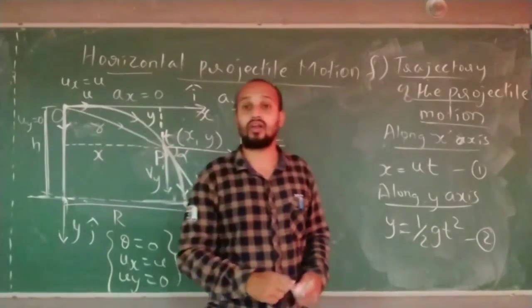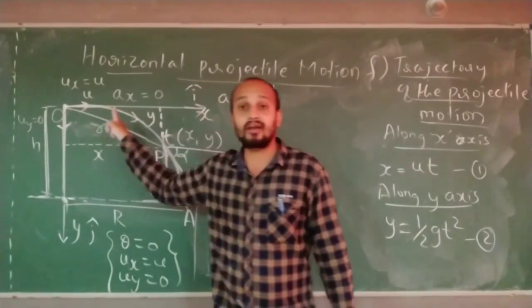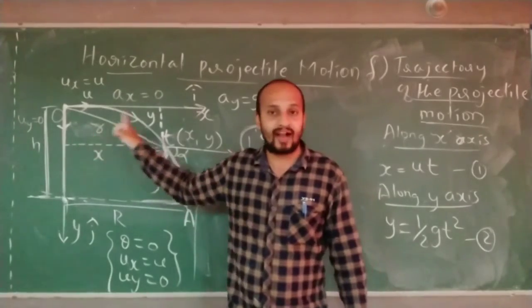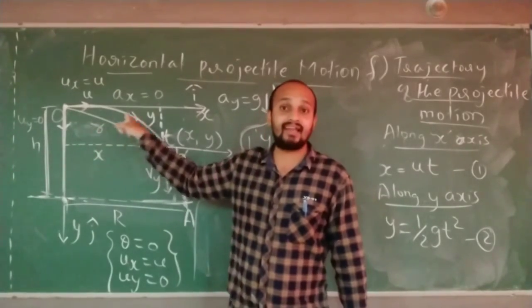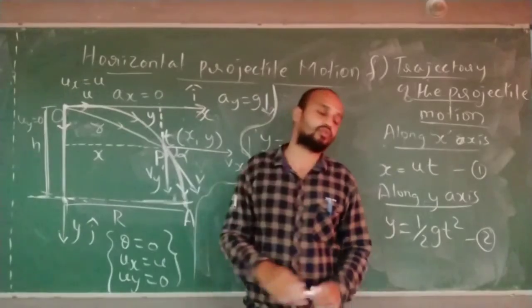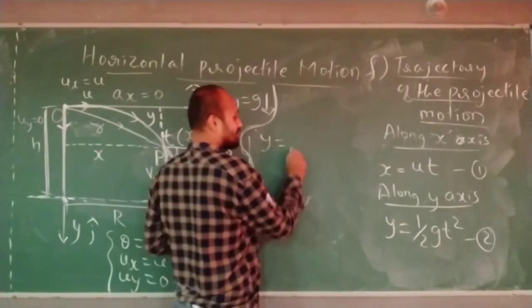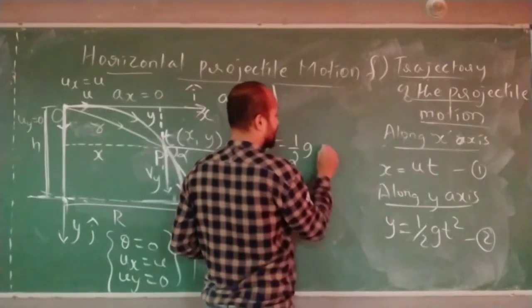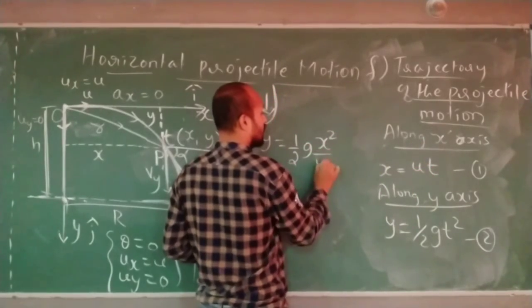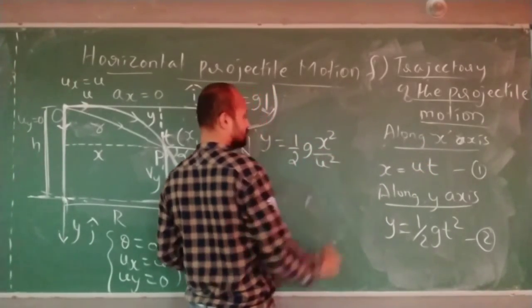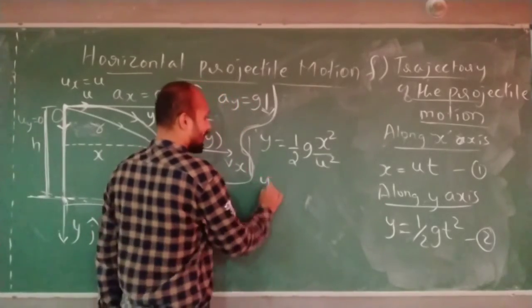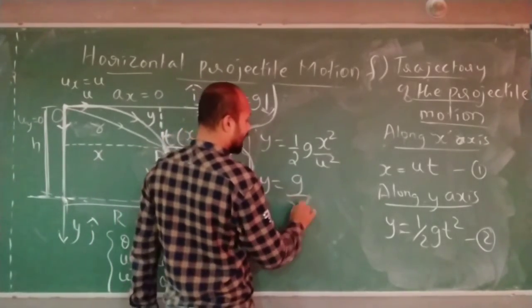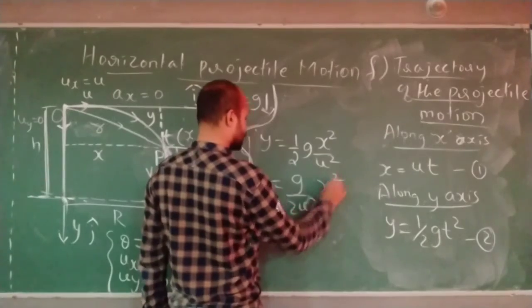So y is equal to half into g into t square, where t is x by u, so y is equal to g by 2u square into x square.